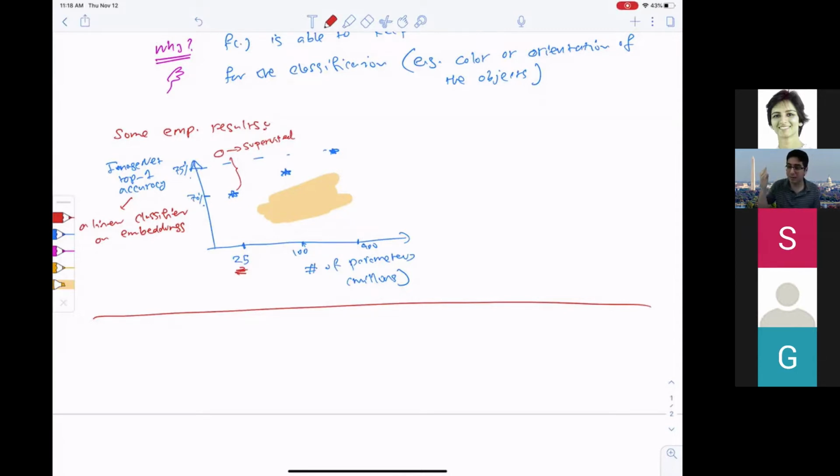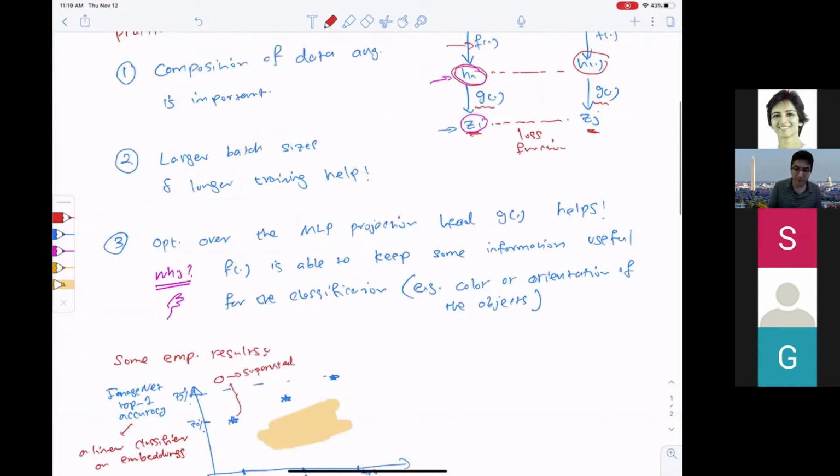Oftentimes, maybe 5 labeled samples per class, 10 labeled samples per class. So it is a substantial gain in terms of the number of labeled samples that you need. Is F trained separately? Yes, F, the embedding, is trained, as I mentioned, only using unlabeled samples, using the contrastive loss and this framework that we explained here.